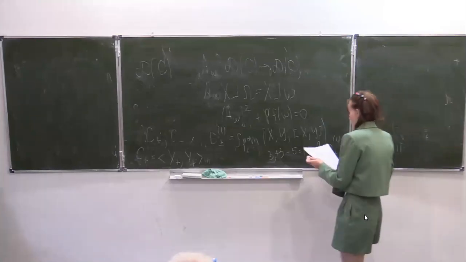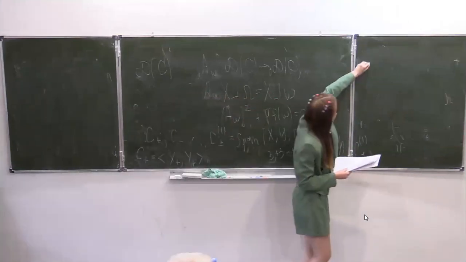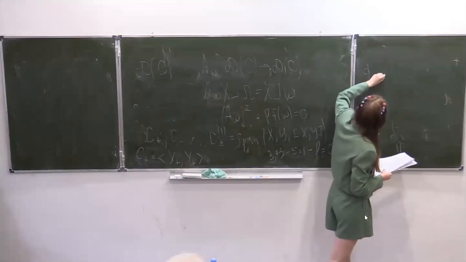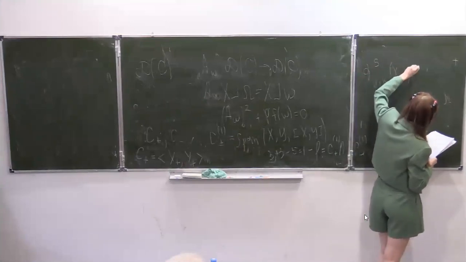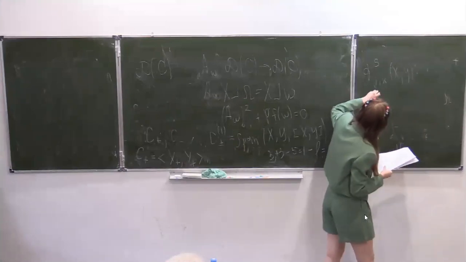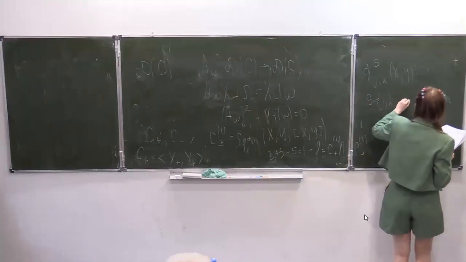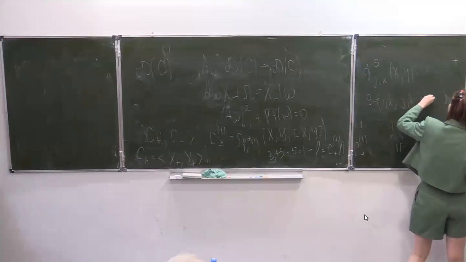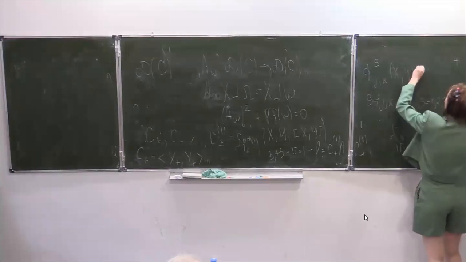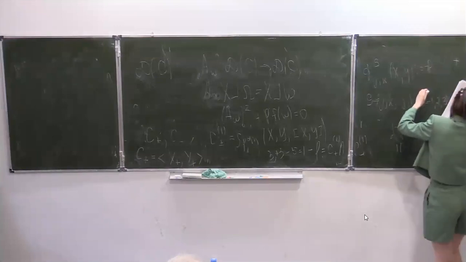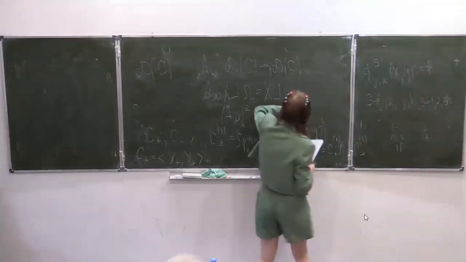So we can define tensors for G, S, X, Y, where S is not equal G. It's defined like the projection on the corresponding distribution.